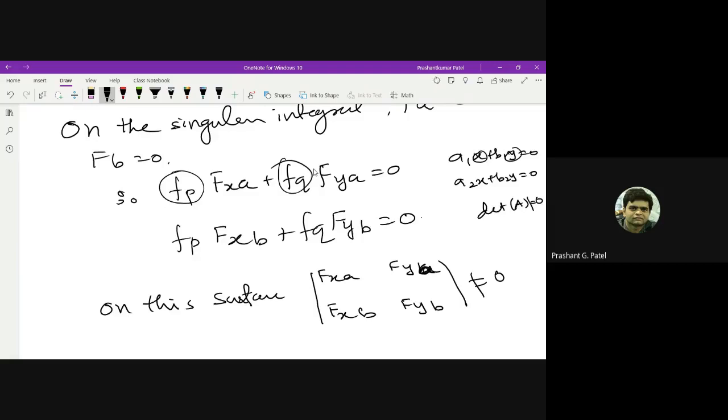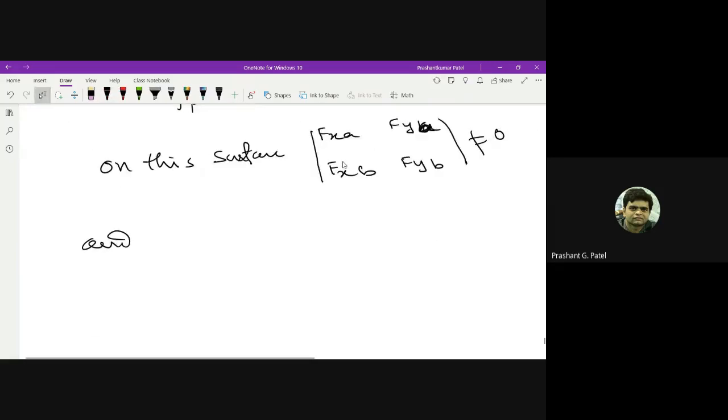Then only one solution is possible, that is Fp is 0 and Fq is 0.